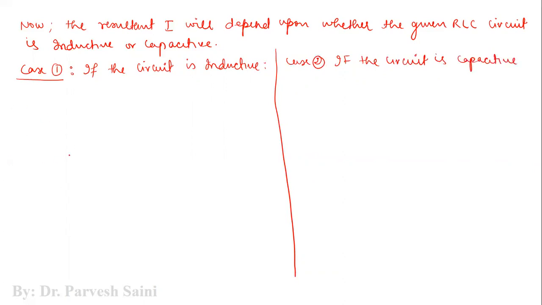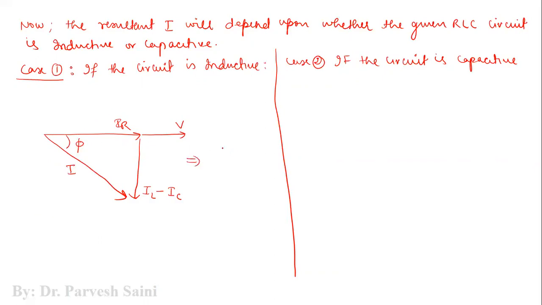Now in this case we have the IR, and we have V, and we know that the net current, because the circuit is behaving as the inductive circuit, is IL minus IC lying here, and the resultant current is this one. This is I, and this is the angle phi here, right?